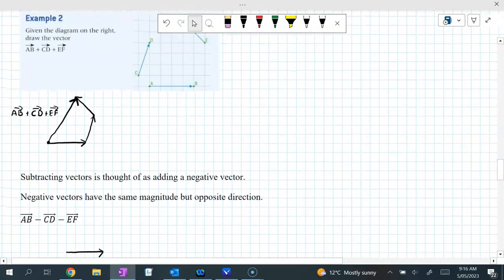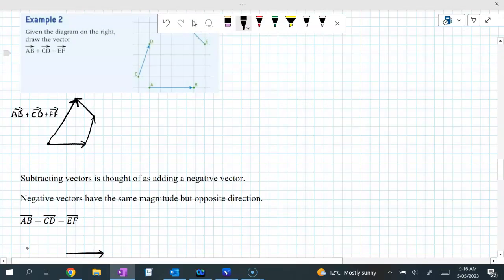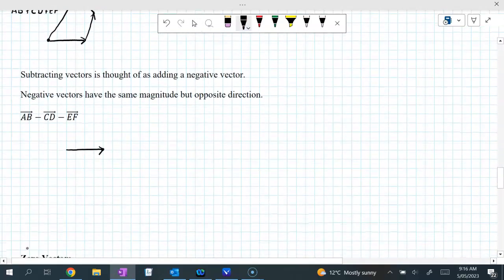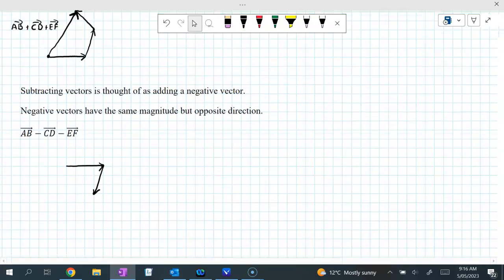Now, CD has to be going in the opposite direction. So we'll be starting at D and going down to C. So that's down 3 and across 1. So this time we're going to have point D at the end of AB. So then it's down 3 and across 1. So it's down there. That's the vector going in the opposite direction.